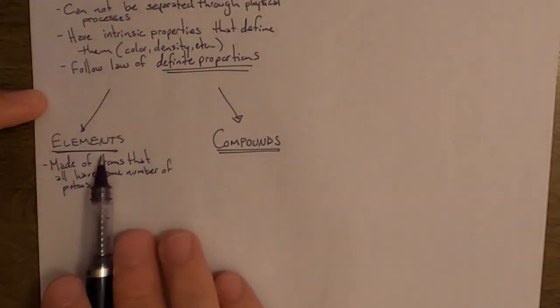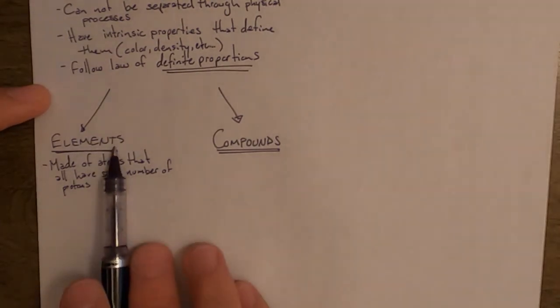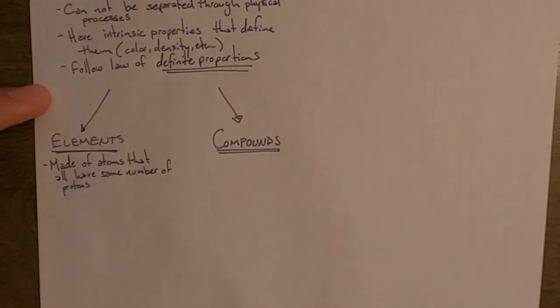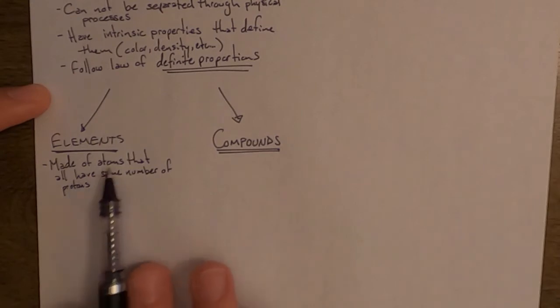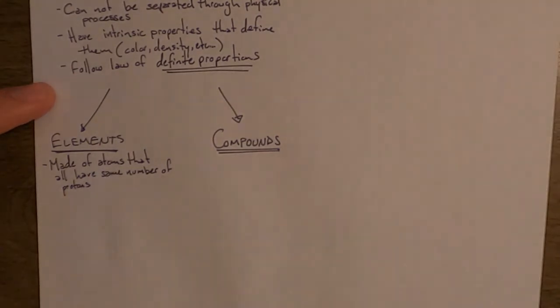So an atom is the smallest thing that a specific element could be, and elements are defined by the number of protons in their atoms. For instance, if you pick up an atom and you count its protons very carefully and you find that there are 6, then you know that that atom is carbon for its element.